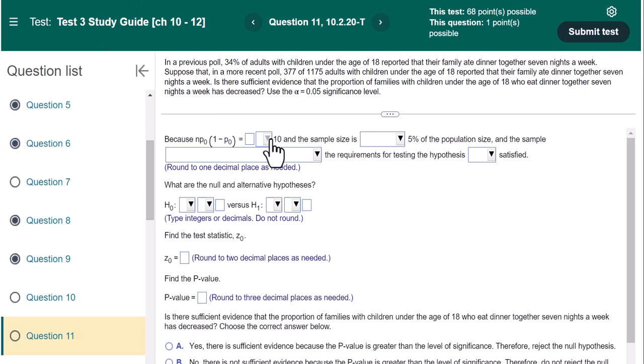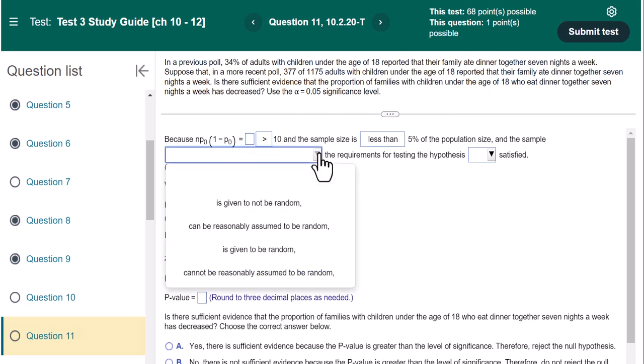First of all, we need to verify the conditions of the test. So that should be greater than 10. You check it. So if you take n, which is 1,175, multiply by 0.34, and 1 minus 0.34, it is going to give you a number bigger than 10. And the sample size is less than 5% of the population.